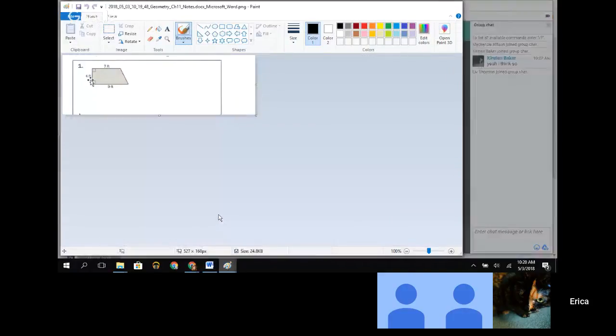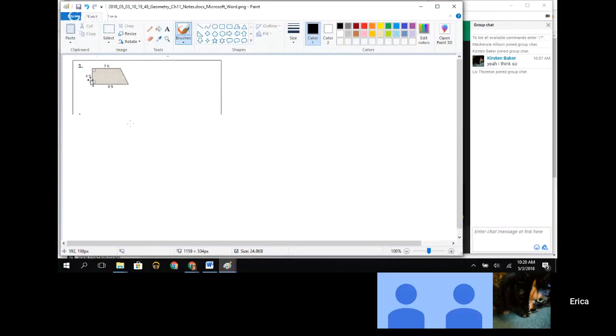So this is the one you're trying. This is a trapezoid. This is not a regular trapezoid, right? Because one side is straight and the other is curved, but you can still use the trapezoid formula.